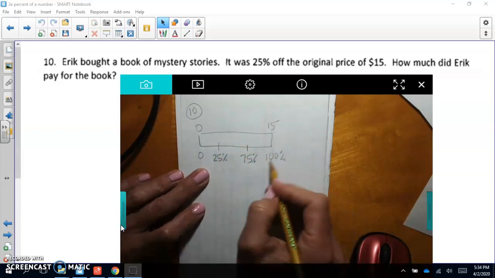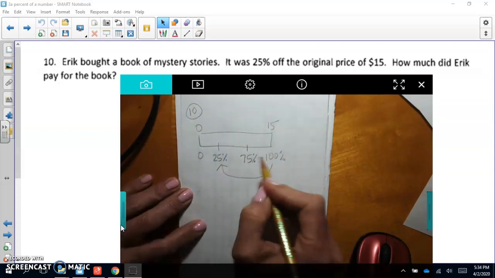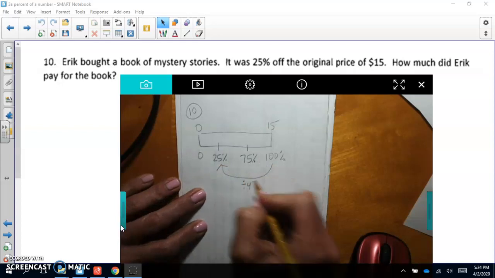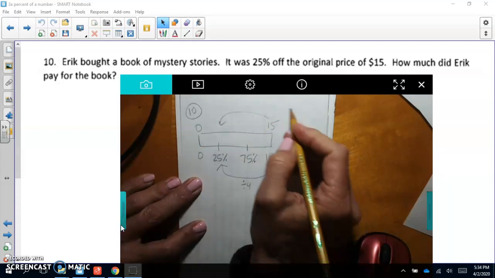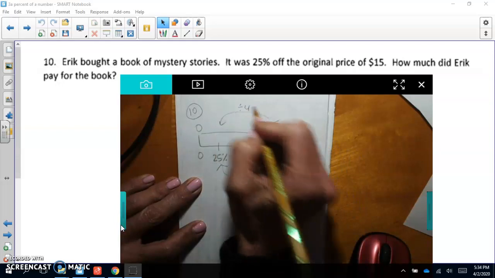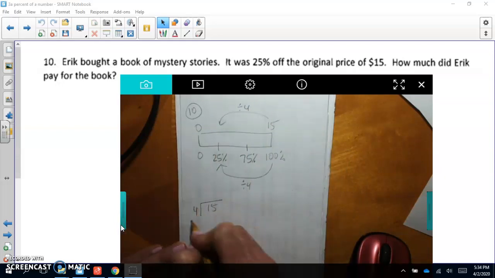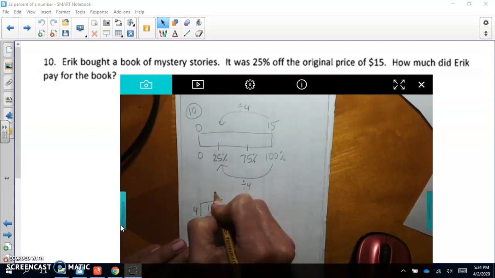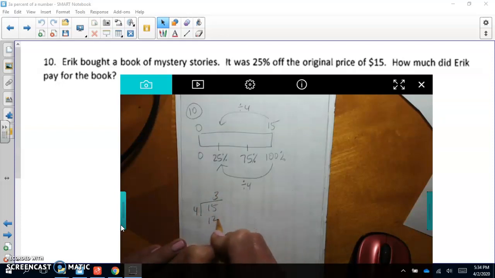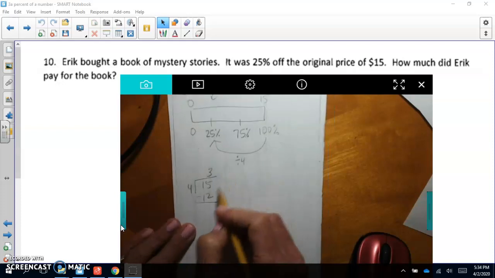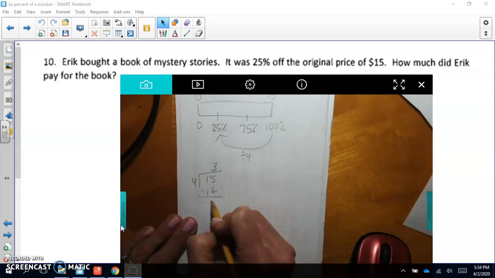Okay, so they both divide by 25, and 100 divided by 4 will give you 25, and 15 divided by 4, I don't know. What is 15 divided by 4? 15 divided by 4 is, let's see, 3 times gives me 12, and I subtract, and that will give me 3.